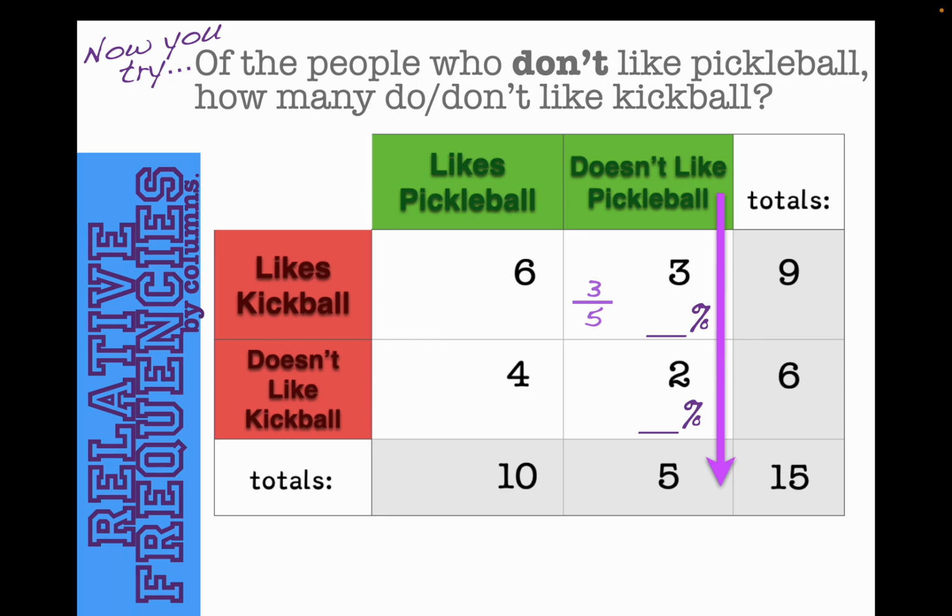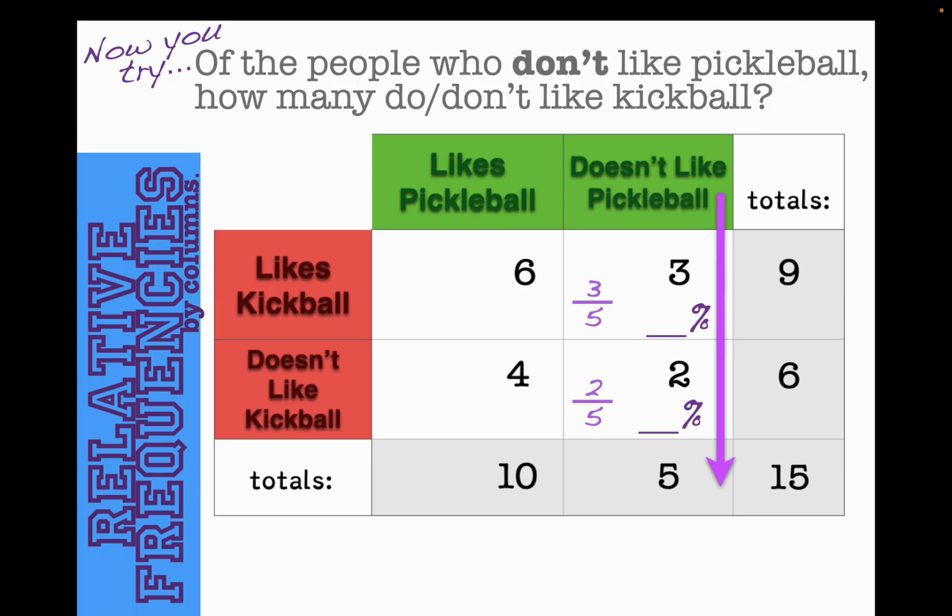And what would the percent be? You know how to turn a ratio like 3/5 into a percent. That would be 60%. How many people who don't like pickleball also don't like kickball? That would be 2 of the 5 people, which is 40%.